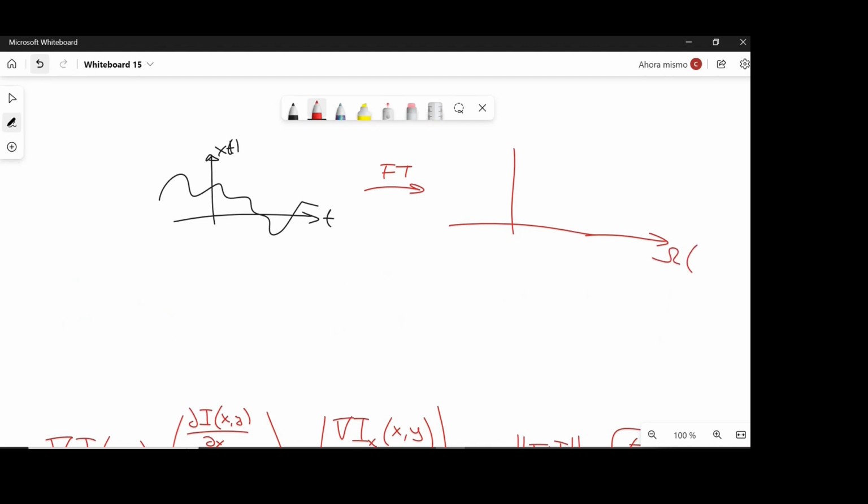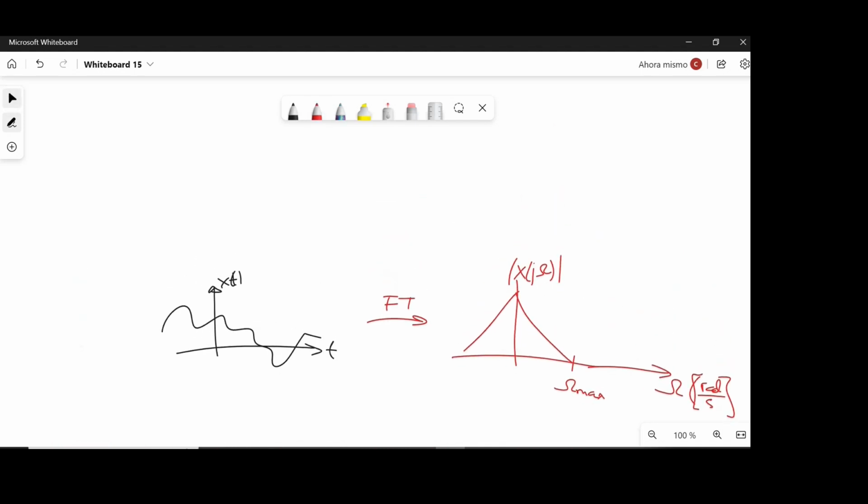As we said, it was omega in radians divided by second, and this is the module of x of j omega, because it is a complex number that I cannot draw, so we always make this kind of simplified representation. What is interesting here is that there is some maximum frequency. So our signal is limited in frequency. But this is for continuous signals.